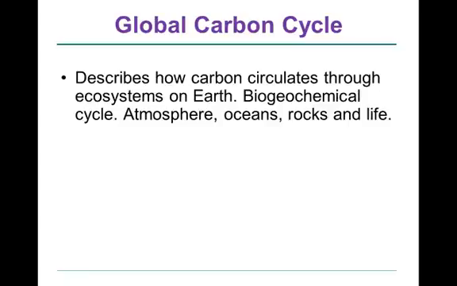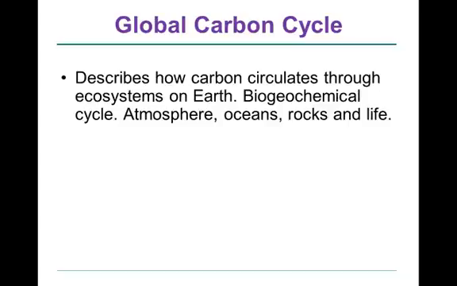But if you will recall the two summary equations of cellular respiration and photosynthesis, both of them had carbon dioxide in them. You'll recall perhaps that cellular respiration releases carbon dioxide while photosynthesis consumes or uses carbon dioxide.